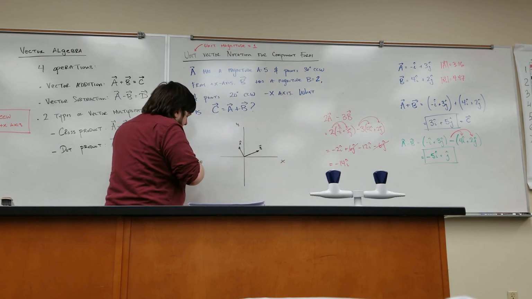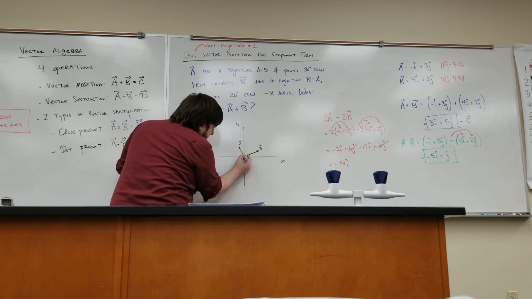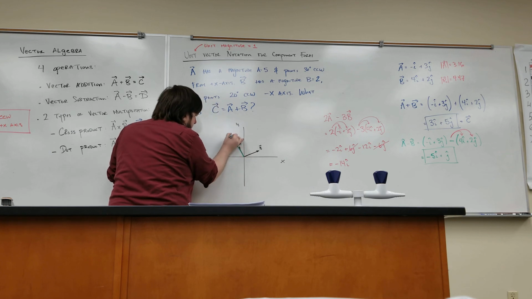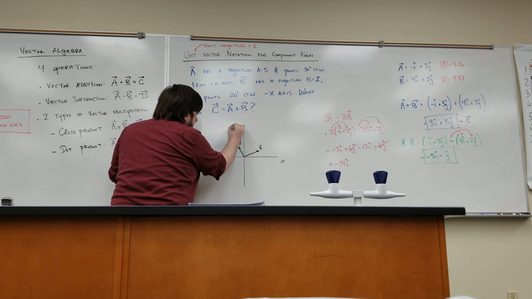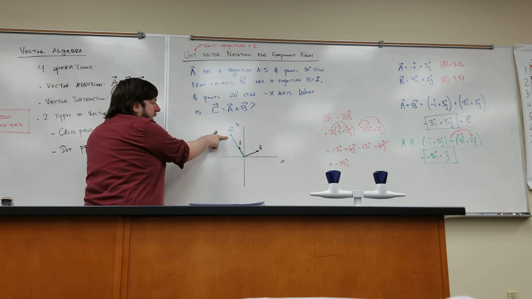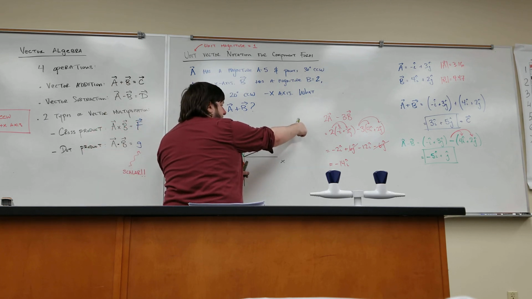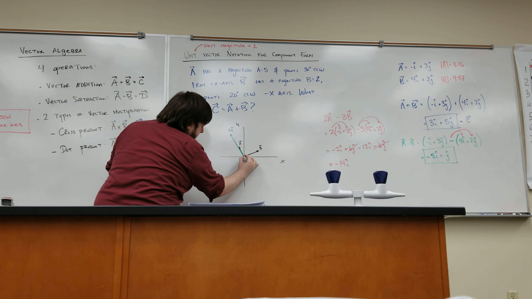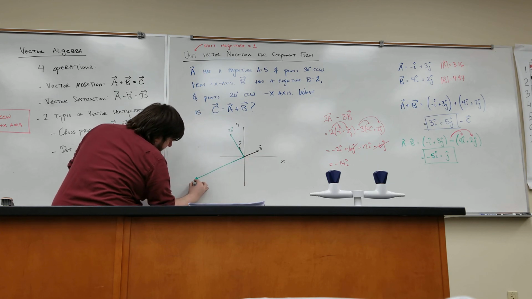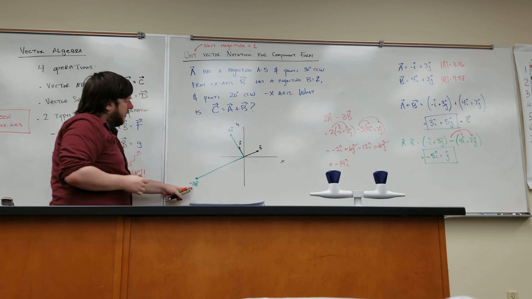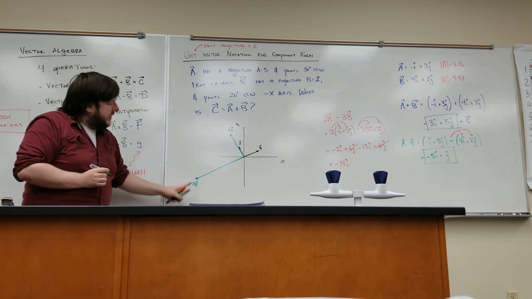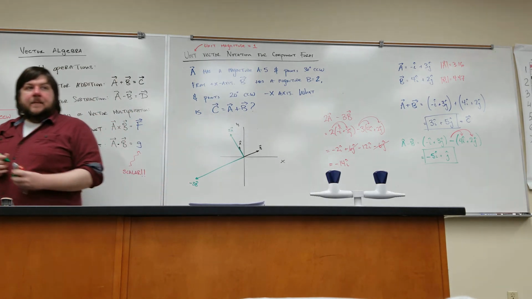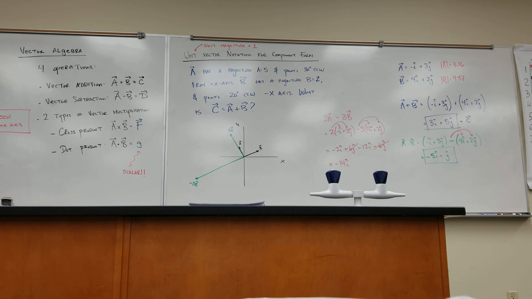I would take a and I would double its length in the same direction, and that would be the vector that I use. b, I would triple its length and reverse its direction. And this is the vector I would use. I would add these two vectors together, and that would give me c, or whatever else I called it.